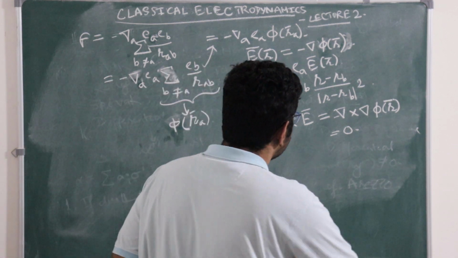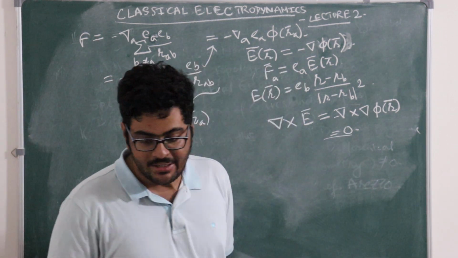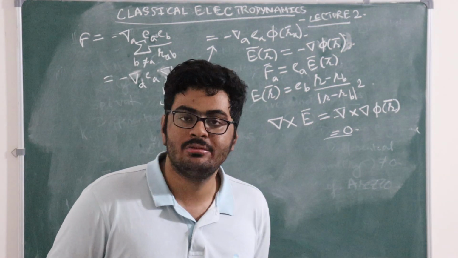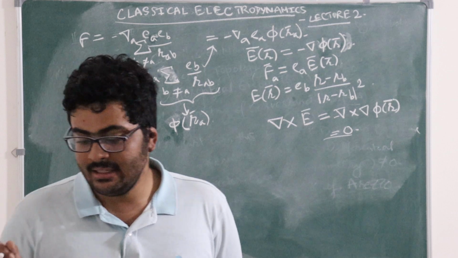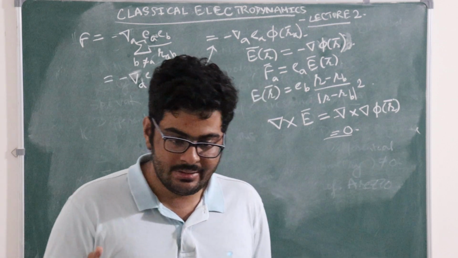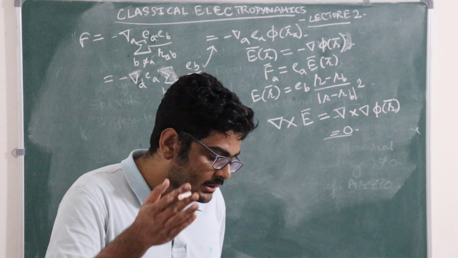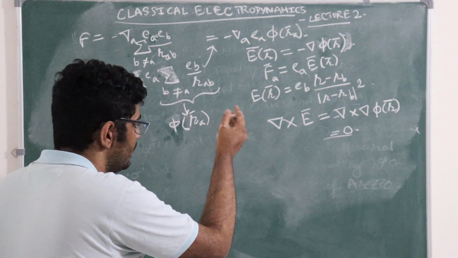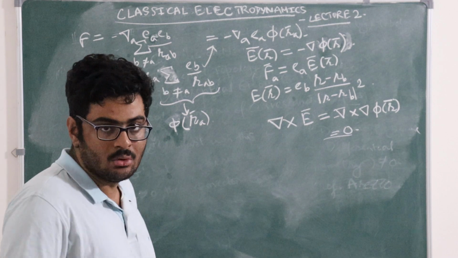And why is it 0? I know many of you may know this, but as I said in the beginning of the course, I shall be covering the minute mathematical details, and it's also a revision for people who already know why the curl of a gradient is 0.